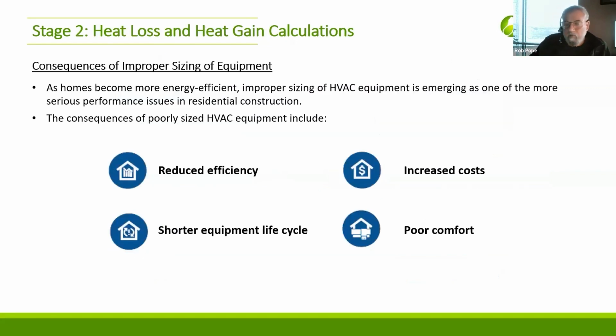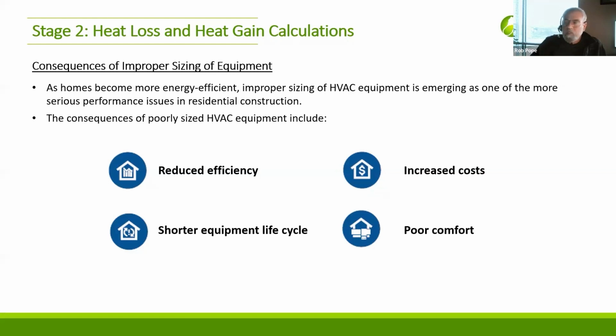The next step for the mechanical designer, contractor, is to do the load calculations. Without that, you have nothing. Everything builds on those load calculations. If those load calculations are incorrect, everything else is going to fail because of it to some degree or another.